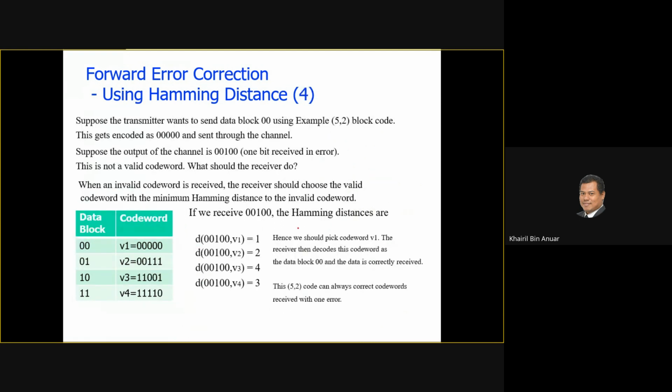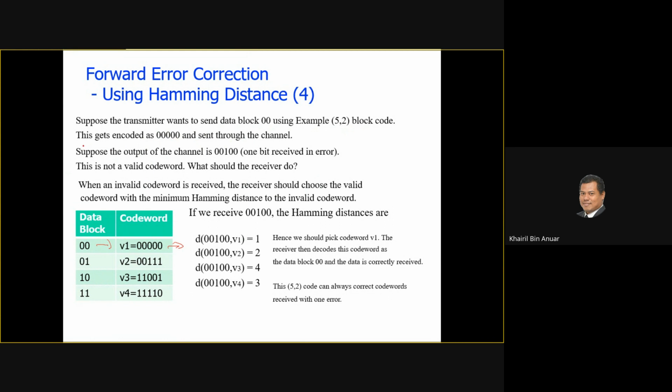Here again, at the receiving part, the transmitter sends a data block 00 using the 5-bit code block, and it gets coded as 00000 and sent through. You wanted to send this 00 data block, and you actually send the 00000.